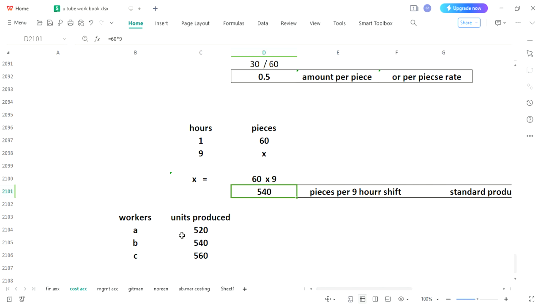Worker A had produced 520, not according to standard. B worker 540, yes, according to standard. C worker 560, even better than standard, but the least standard was 540. So two workers B and C had achieved the standard and A worker had not reached the standard production.